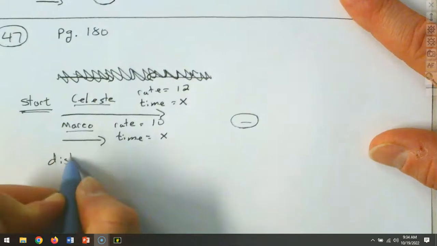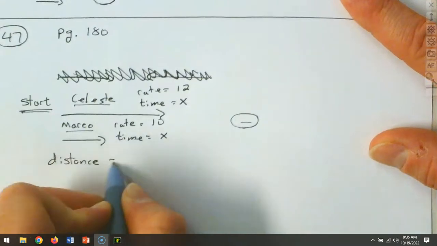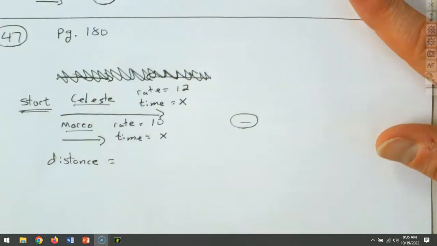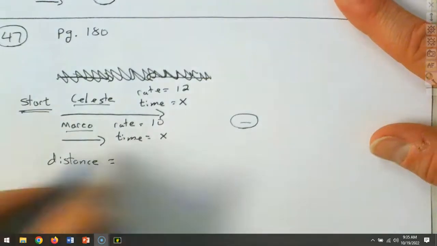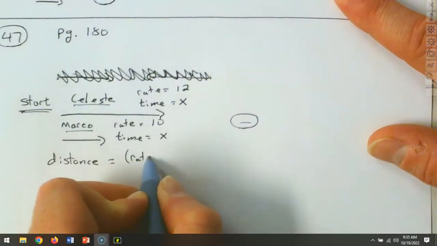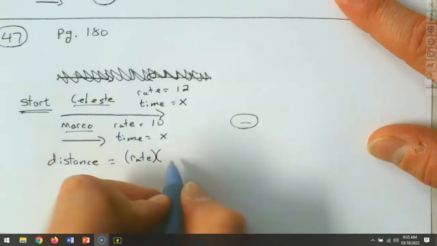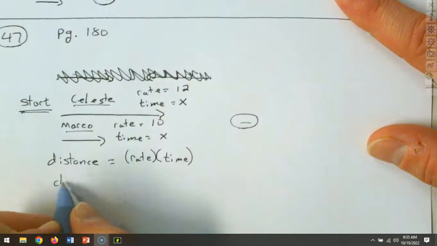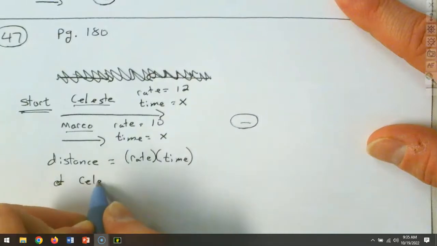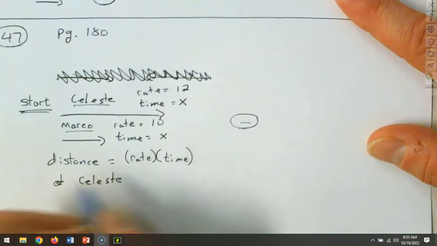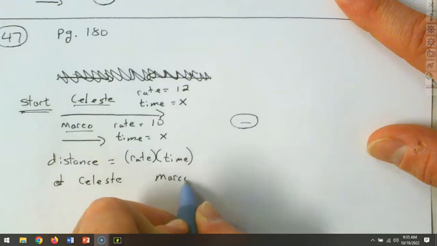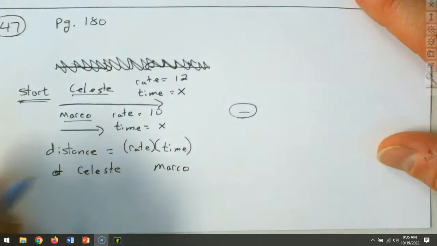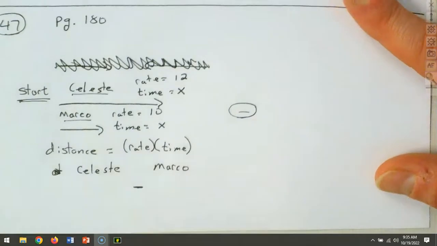Now we're going to look at the distance. Just like the pure, and just like the interest, distance is a multiplication of the rate times the time. And we've got Chelsea, and we've got Marco. We're going to look at each one, and these are going to subtract from each other.